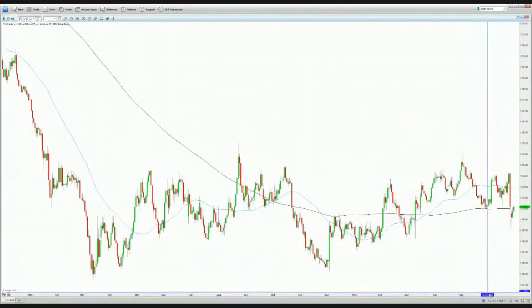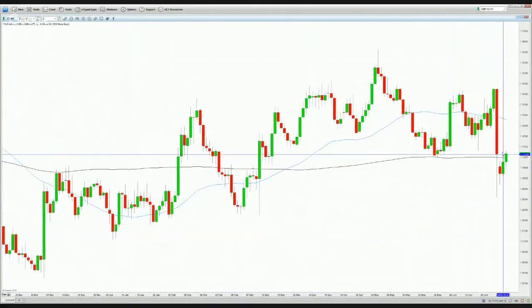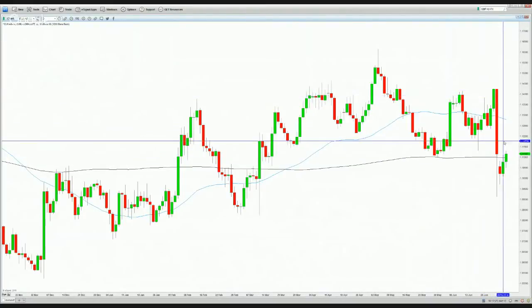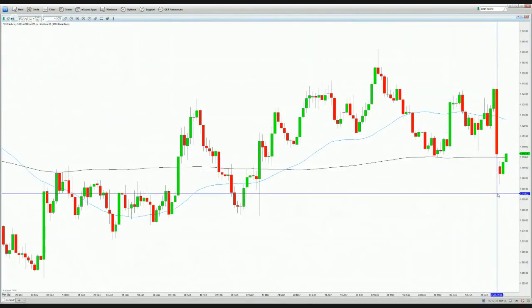Now, what I wanted to also highlight here is this big red bar. This is because of the result from Brexit.